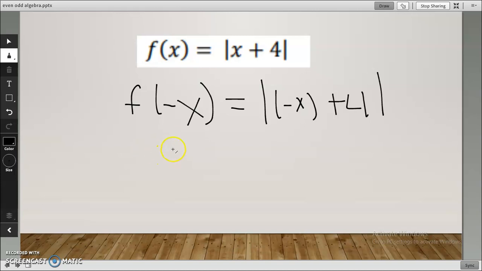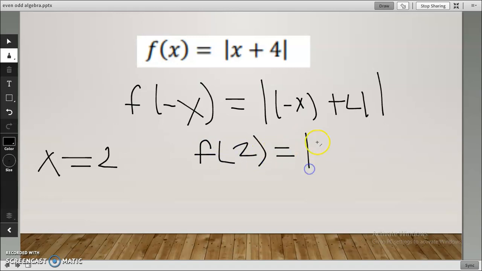So let's choose another number instead. Let's say x equals 2. So if I plug in x equals 2, I get the absolute value of 2 plus 4, which is 6.